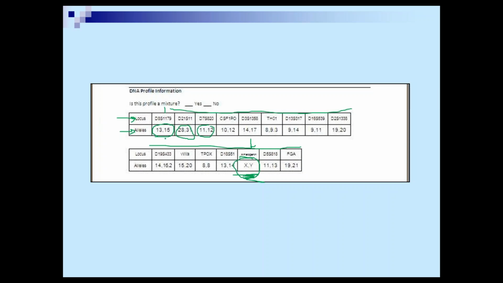All right, so these pairs of numbers here, and I'm trying to remember how much we got. I'm pretty sure it's mainly in this lecture and not in the previous lecture. But the locus is sort of the name of the location of DNA we're looking at. And these alleles, these pairs of numbers, you got one of these numbers from your father and one of them from your mother.